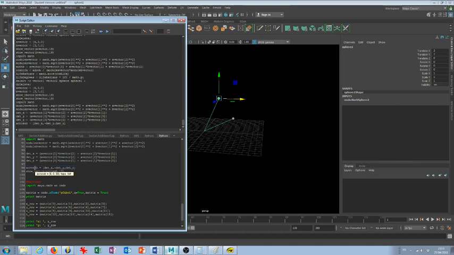Let's see: 0, 0, 33, that's what we expected. Here determinant x is 0, determinant y is 0, determinant z is 33, and let's show the vector.